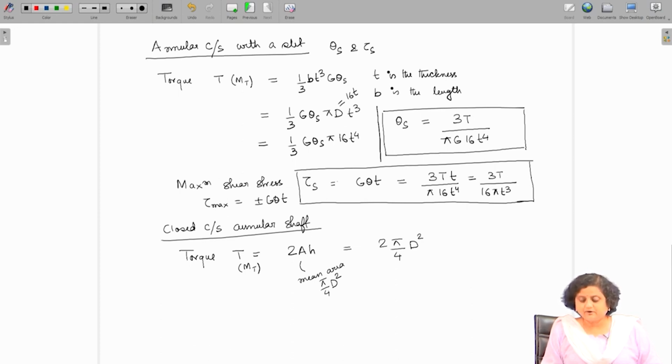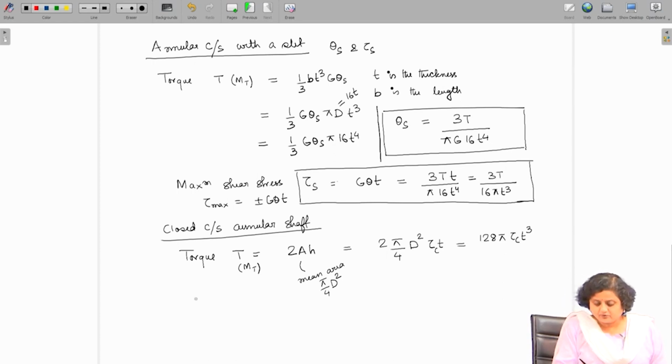In place of h, we can write this as tau into t, t being constant and tau being the shear stress. We can write this as tau c, c denoting the closed cross section. Now, if we expand this, we have this as 128 pi by tau c into t cube.